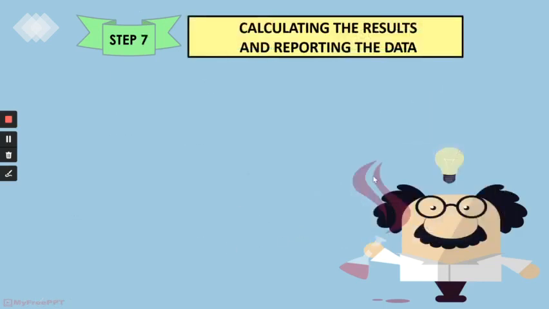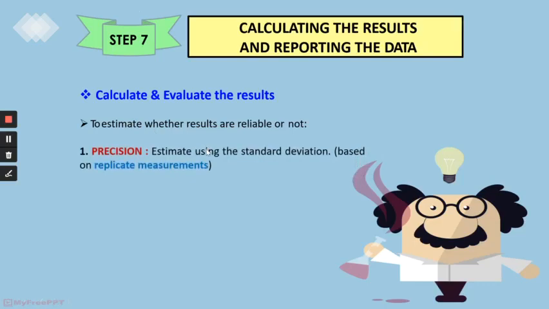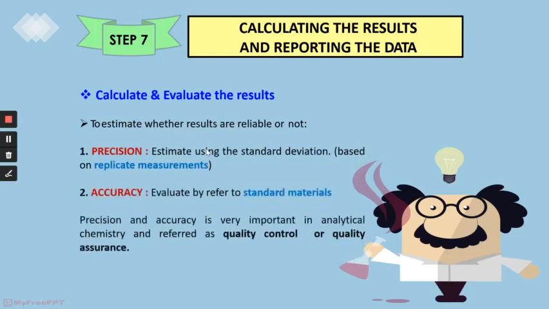Step number 7, calculating the result and reporting the data. For this step, you will calculate and evaluate the result to estimate whether the results are reliable or not. You will do precision and accuracy.